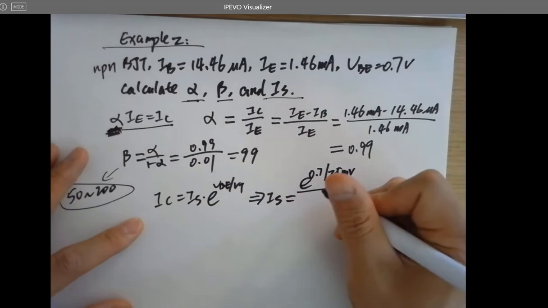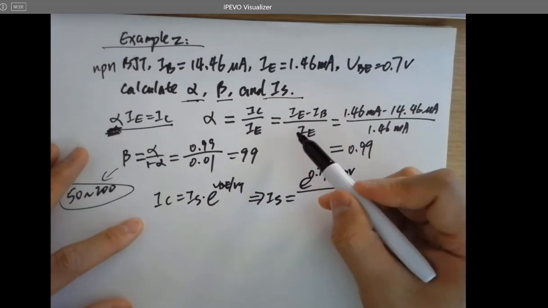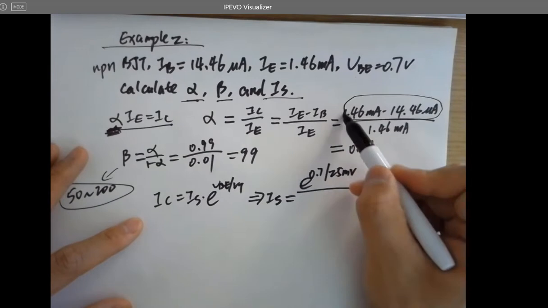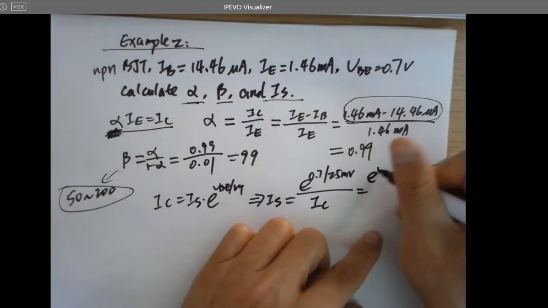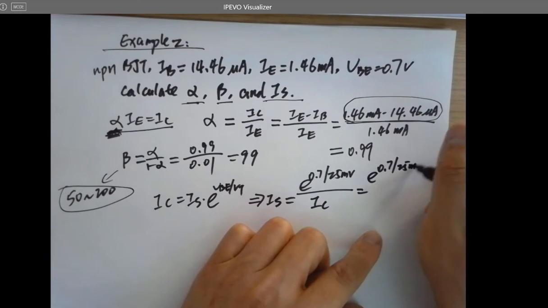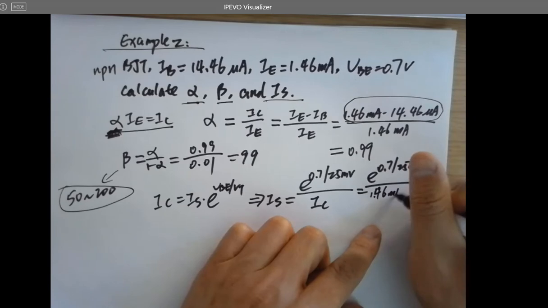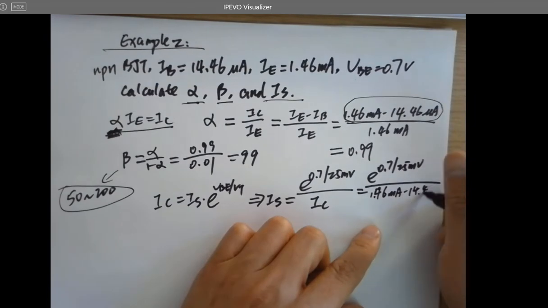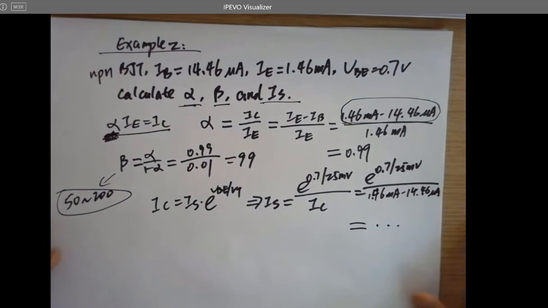IC, have we calculated IC? Not yet, it's actually over here, IE minus IB, which is 1.46 milliamp minus 14.46 microamps. We can find out IC.